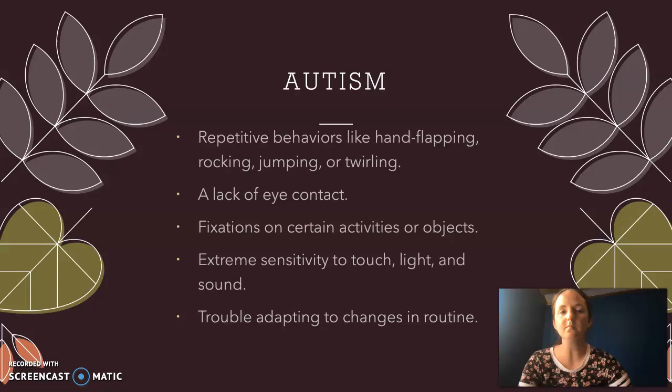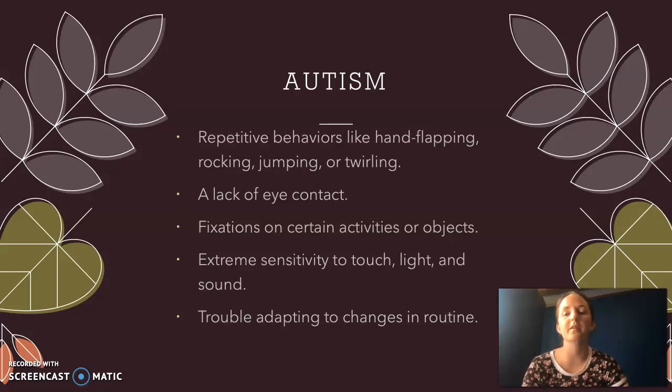Another kind of student that you may encounter is a student with autism. It's actually autism spectrum disorder, or ASD. They do have repetitive behaviors. They like to flap their hands, they jump, they rock, they twirl. They don't typically have very good eye contact.